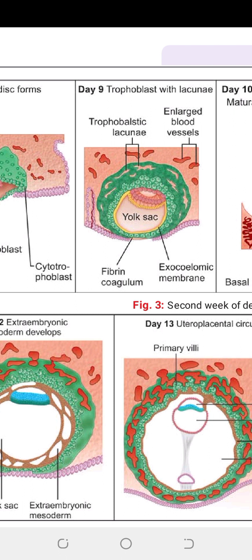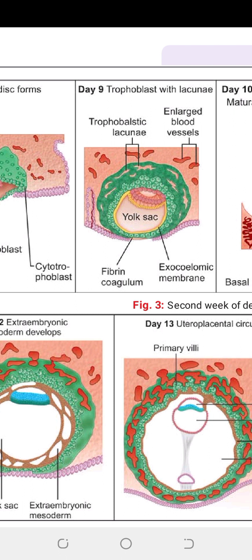The most important function of cytotrophoblast is that it prevents pregnancy-induced hypertension. The trophoblast thus forms the fetal placenta and fetal membranes, the amnion and chorion.